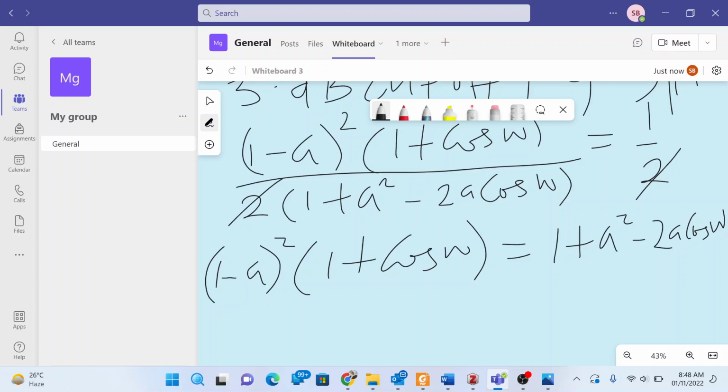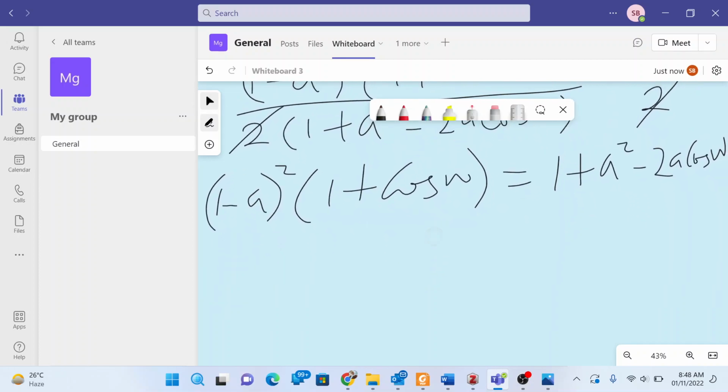Now as this one is now, we see that we want to make cos omega the subject of the formula. So at this point, we know that cos omega is inside this bracket, so we can expand the brackets.